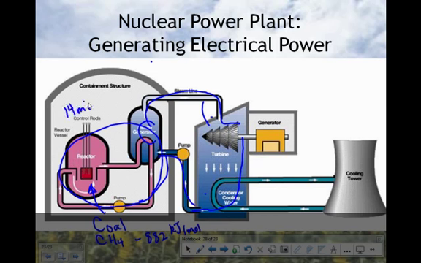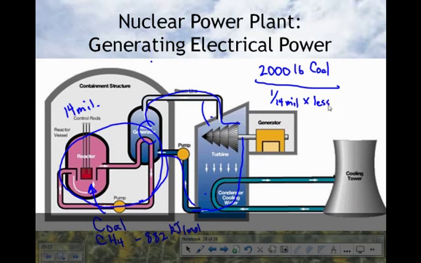So, in other words, think this through. If we have 1 ton of coal, that's 2,000 pounds of coal to burn in our coal burning power plant, then to get the same amount of energy, I would need 14 million times less of my nuclear substance, of my radioactive substance in my nuclear power plant to get the same amount of energy.